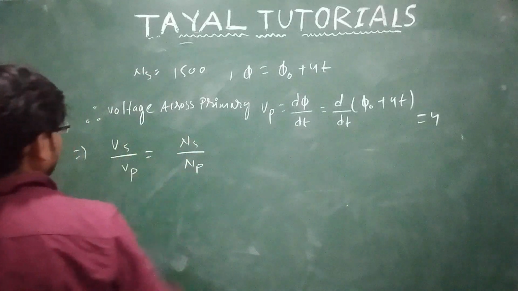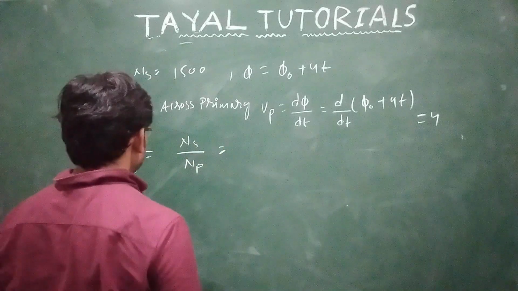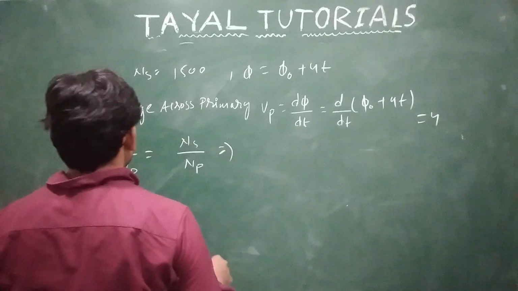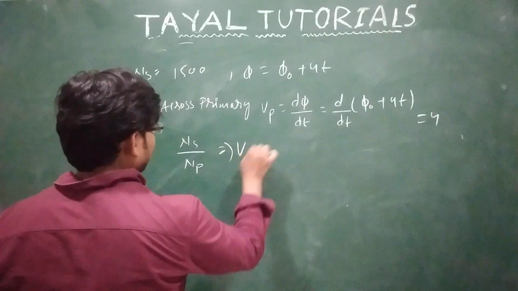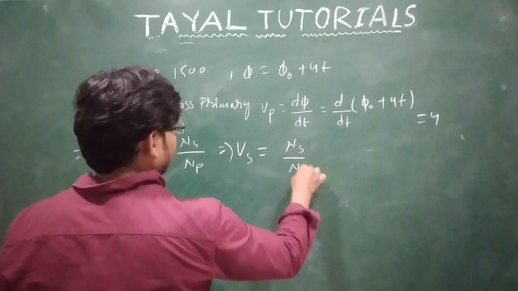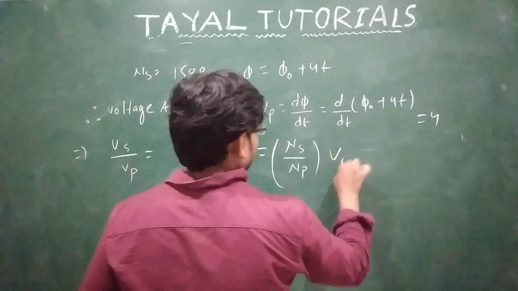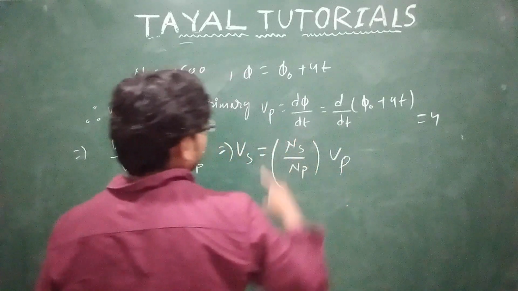You can simply apply Vs is equal to ns by np into your Vp.